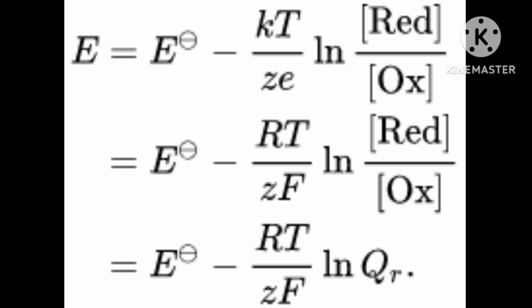If both are negative, the more negative will be anode and the less negative will be cathode. If they have given a negative and a positive, then no problem: minus will be anode, plus will be cathode. If both are positive, then less positive will be anode, more positive will be cathode.